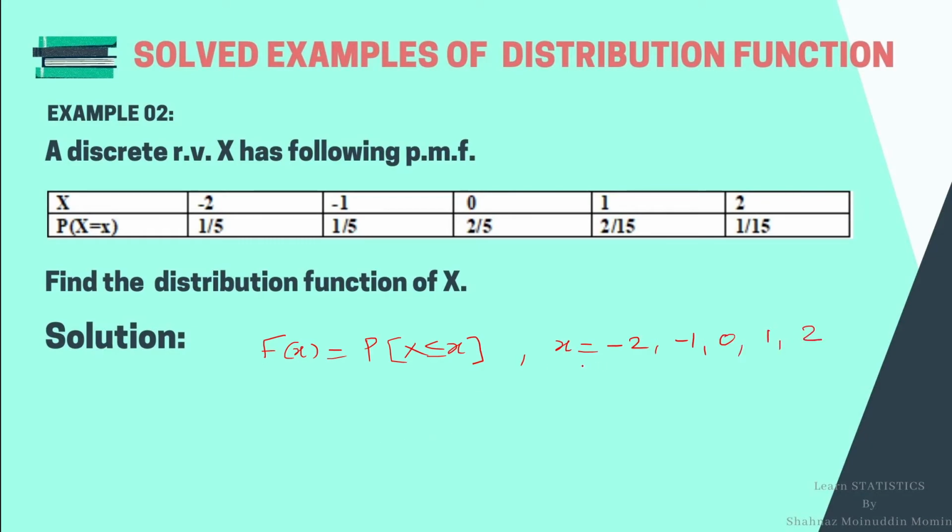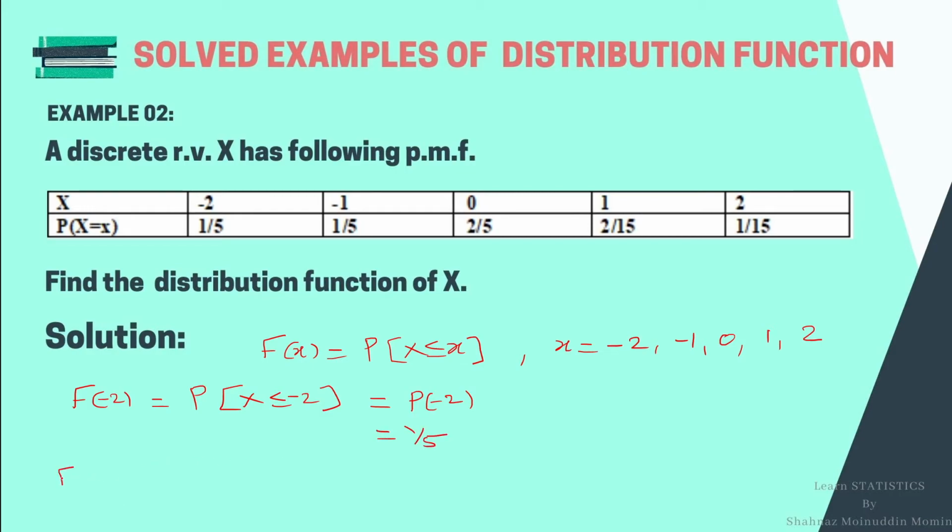We shall calculate the value of CDF for each value of x. So let us start with the first value, -2. F(-2) equals probability x less than or equal to -2. We know that there is no value less than -2, so it is probability x equal to -2 and it is 1 upon 5.